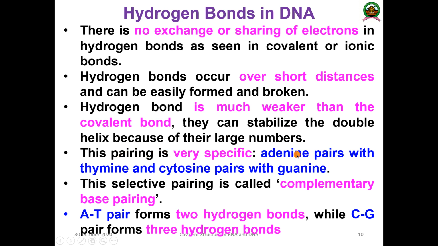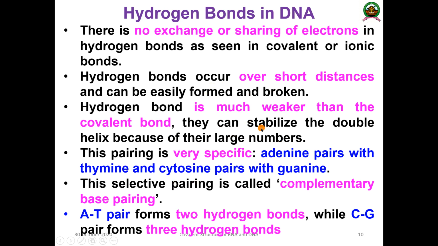Generally, purines of one strand are paired with pyrimidines of the other complementary strand, and vice versa. Here adenine pairs with thymine and cytosine pairs with guanine, and this selective pairing is known as complementary base pairing.